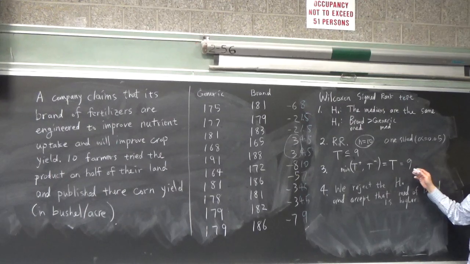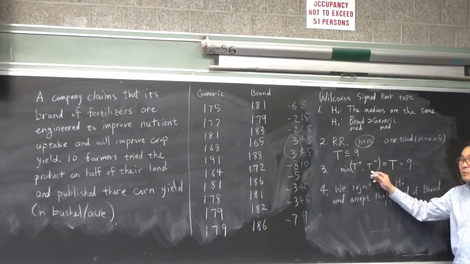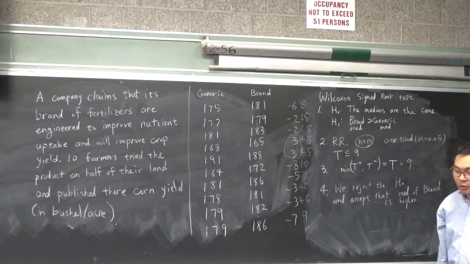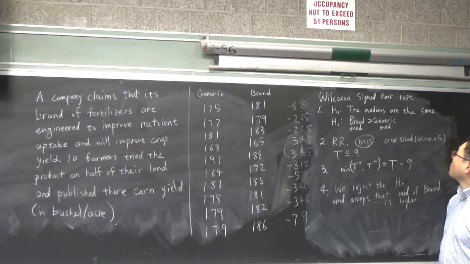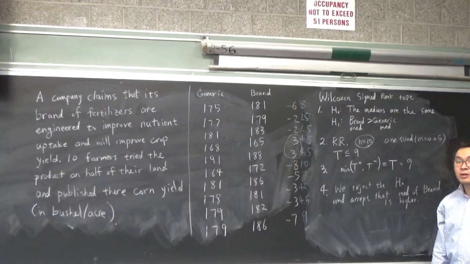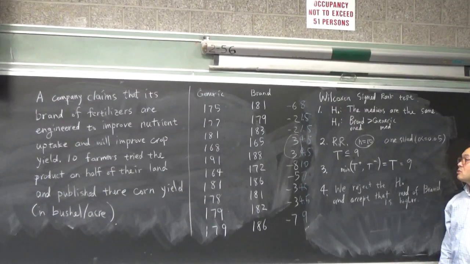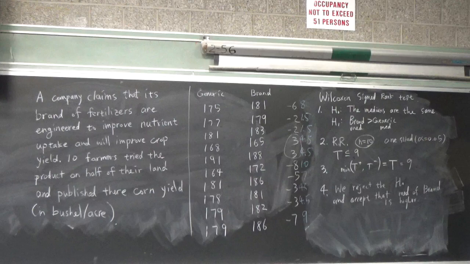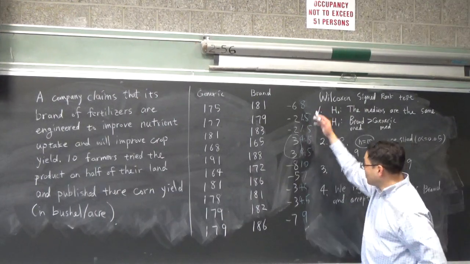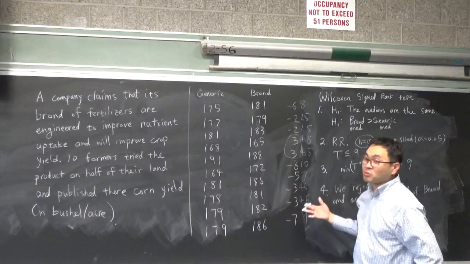This one doesn't have a plus or minus. These are always positive, okay? So when you use the Wilcoxon sign test for a one-sided test, you have to be very careful. And the thing that you have to be careful is that if you're doing one-sided, make sure that your data is pointing towards that direction.